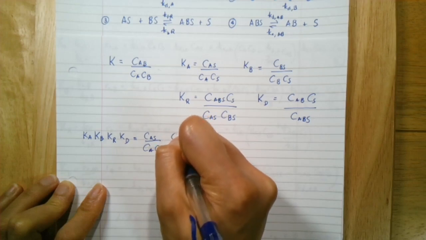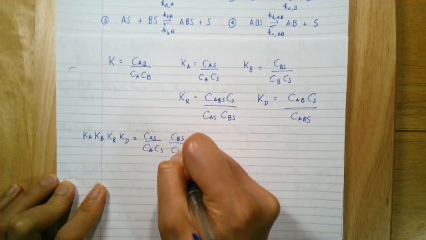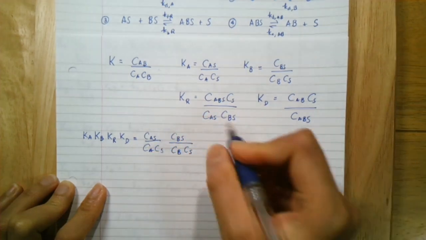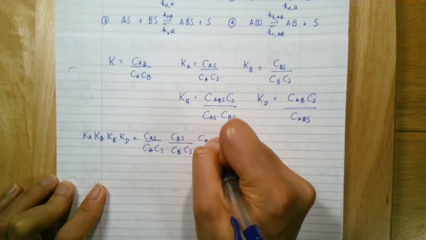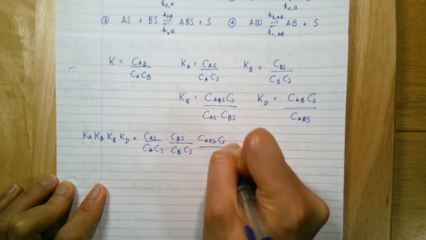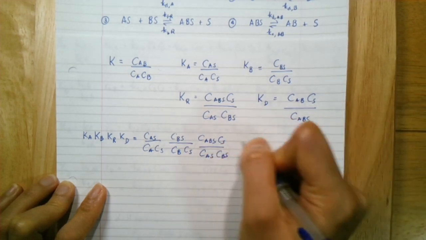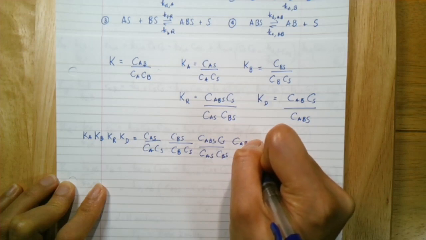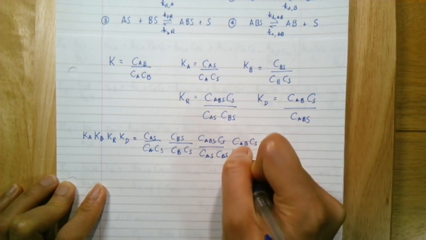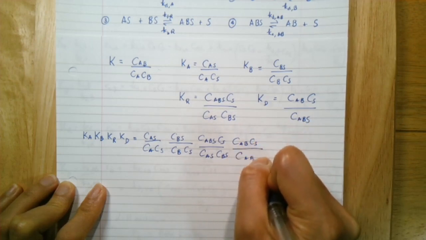Kb is CBS over Cb times Cs. KR is CABS times CS, all over CAS times CBS. And KD is CAB times CS divided by CABS.